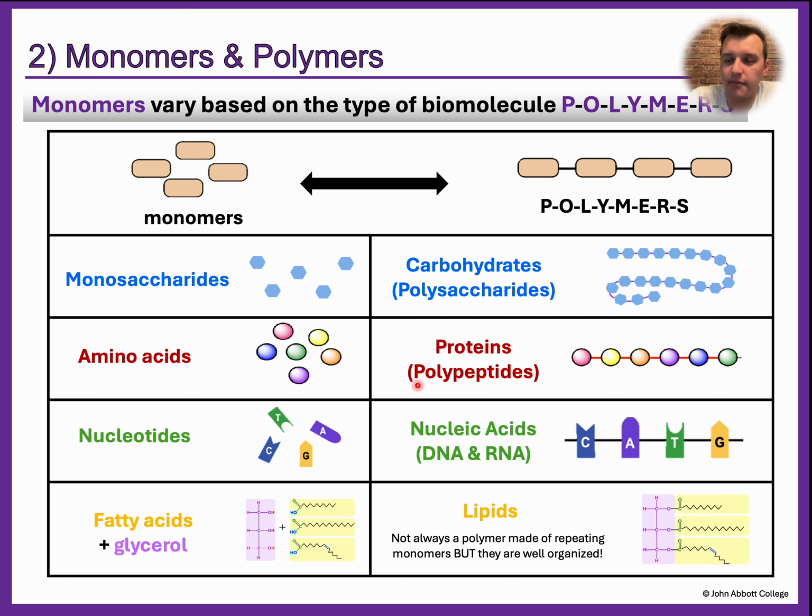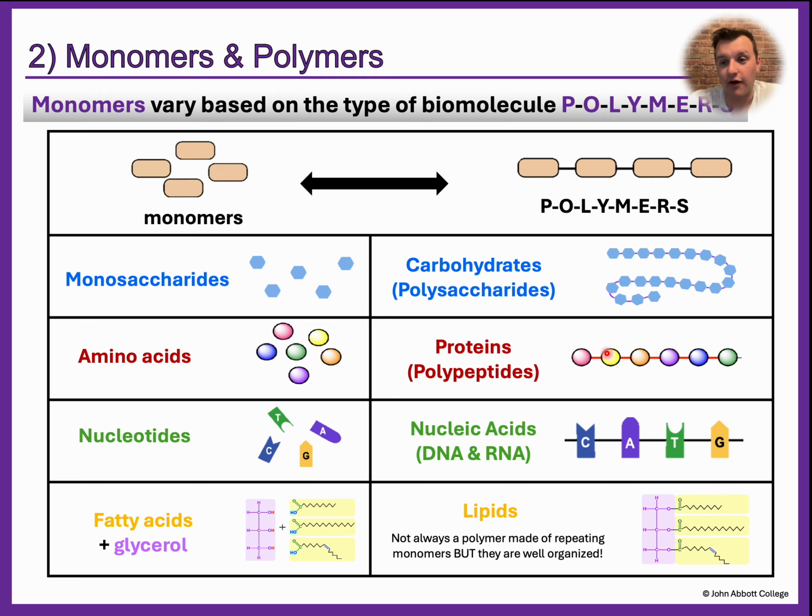Some people call them, and we'll get to this in a bit, polypeptides because peptide bonds link together the amino acids. So many peptide bonds form together to form this big protein, and we'll talk about that in a bit.